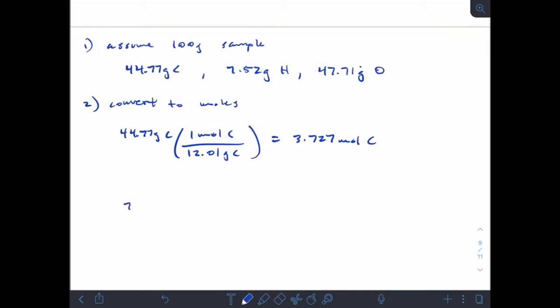Do the same thing for the hydrogen, 7.52 grams. And we have 1 mole of hydrogen per 1.008 grams of hydrogen. Grams will cancel, giving me 7.46 moles of hydrogen.